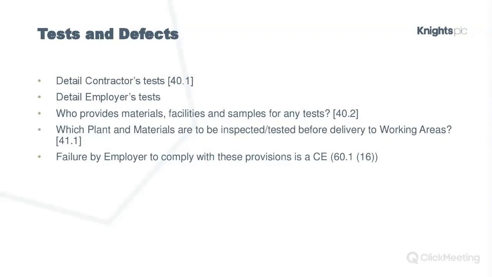If you need any particular materials or sampling or whatever provided by the employer, you need to think about that and make sure it's clearly set out in the works information, because again, if it's not clear, you've nothing to hang your hat on in terms of claiming a compensation event.